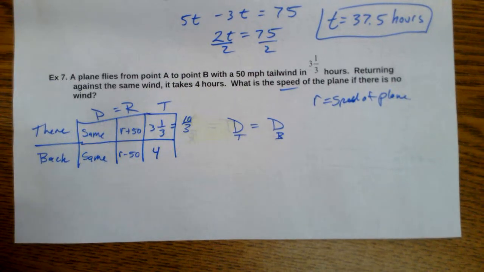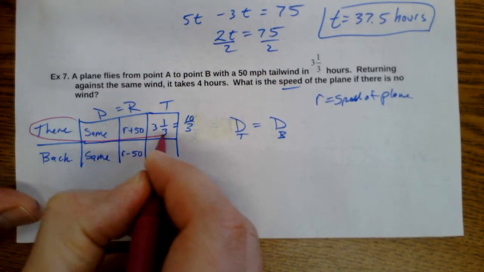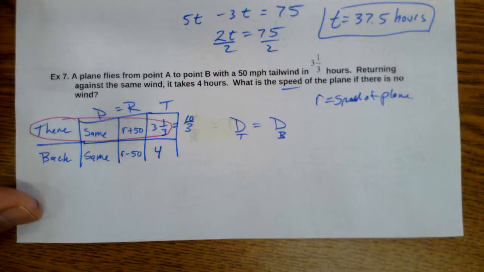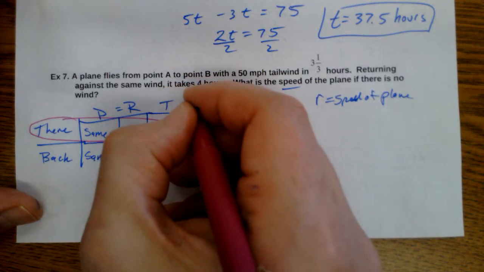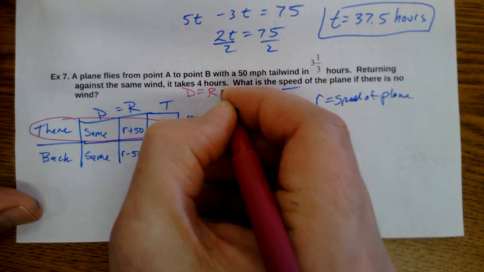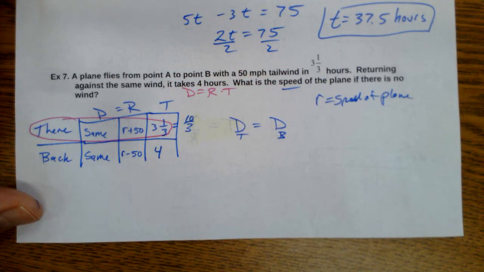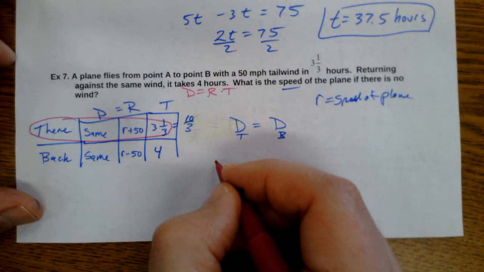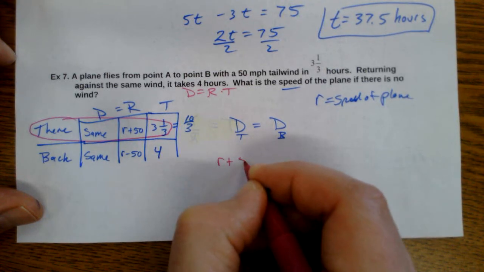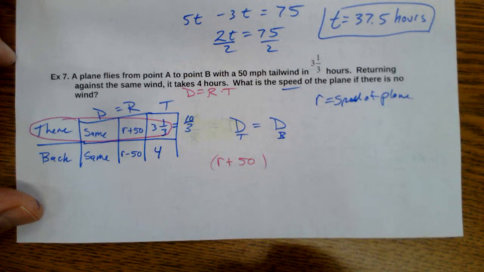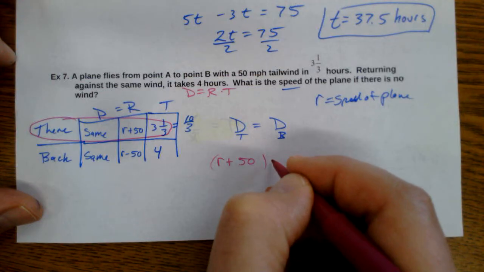Okay, so I'll do this one in fuchsia here. Distance, remember, is rate times time. So I'm going to take my rate, which is R plus 50, and multiply by time, which is 10/3.